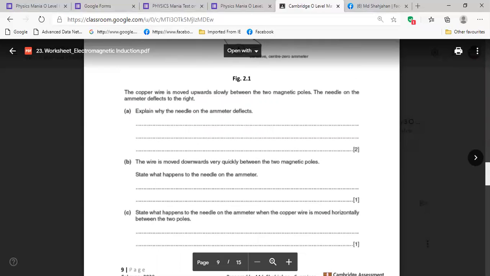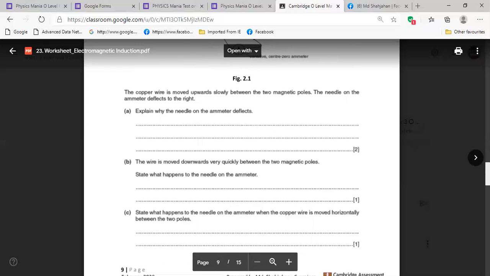You wrote only this one, but you should tell me more information. If you are moving quickly, the deflection is also more, right? But in the opposite direction. Is it clear? Yes, sir.